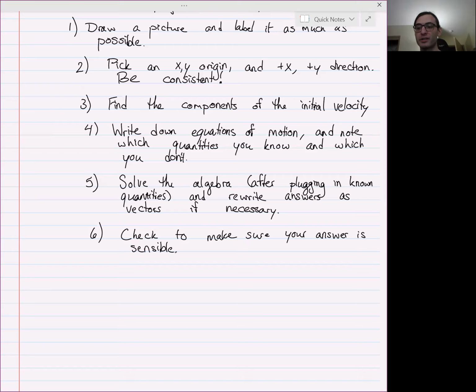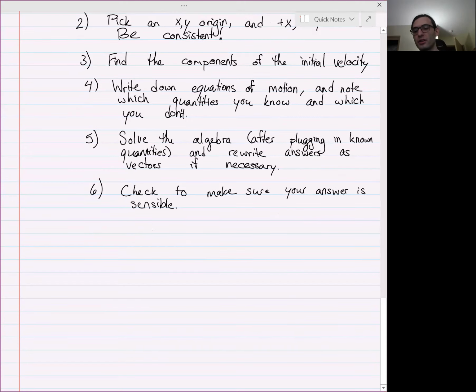If you get a negative answer, you probably made a mistake somewhere, right? Because the sensible answer is it would take a positive finite amount of time to hit the ground. So a way that could happen is maybe you took the negative of the square root term instead of the positive of the square root term, or something like that. And so you just need to double check and make sure everything makes sense.